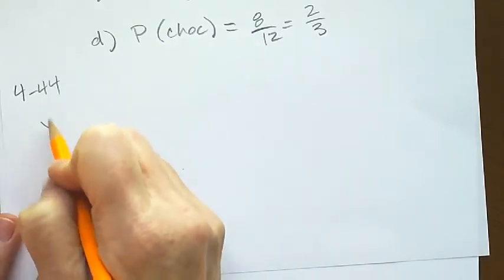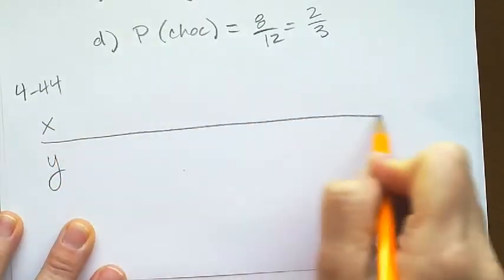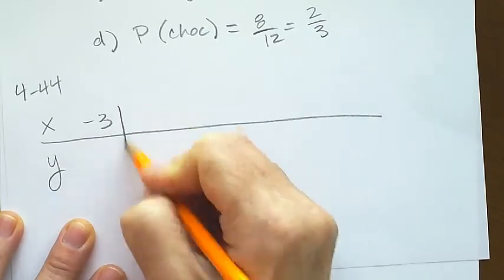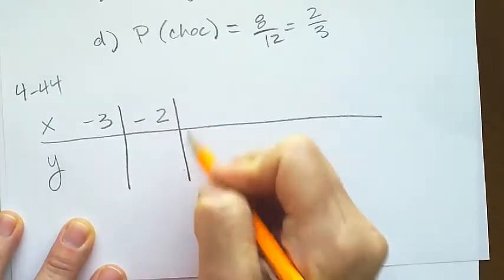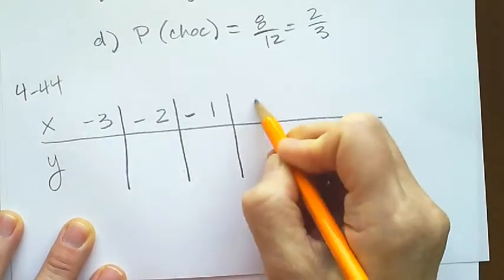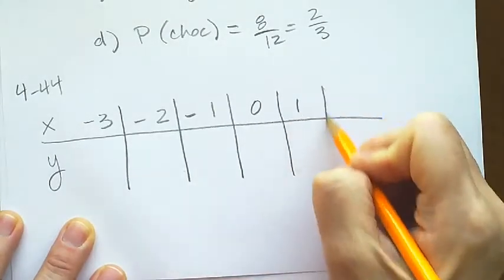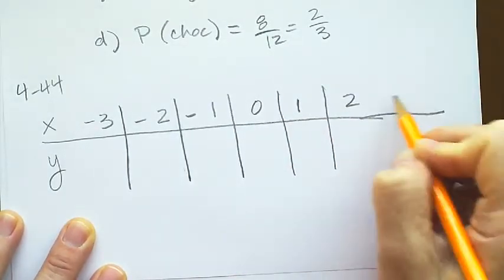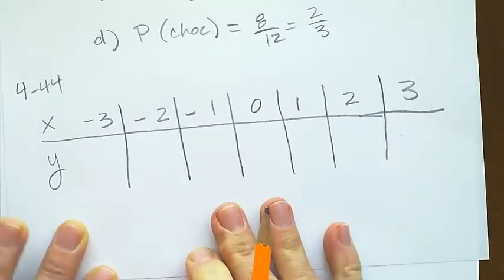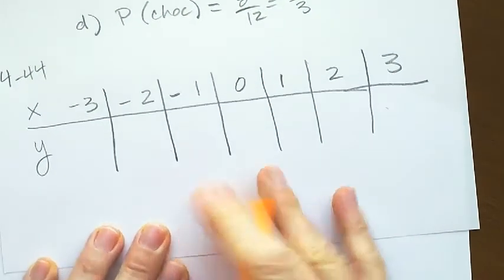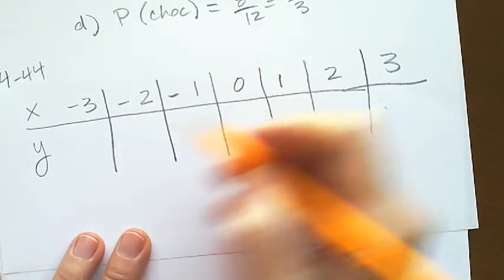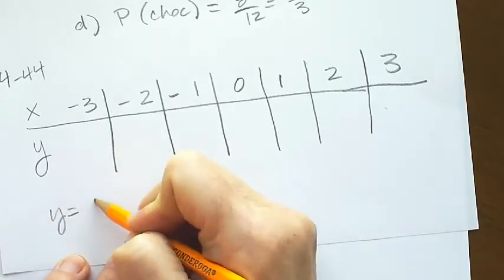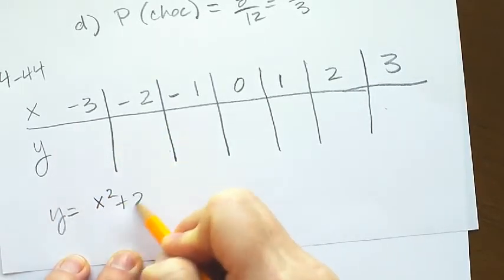Okay, let's do our table beginning with -3, and let's just do a few values to the left and right of 0. I happen to know what this looks like, so that's why I'm picking these. If you didn't know, you might start with 0, and that's okay. This is y equals x squared plus 2.